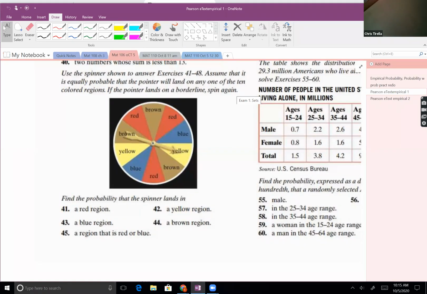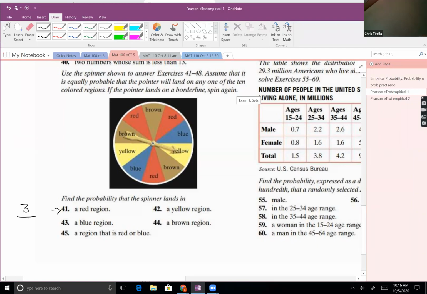So what's the probability on this spinner that you land in a red region? How many are red? Can you guys see my spinner? Yeah. 3.